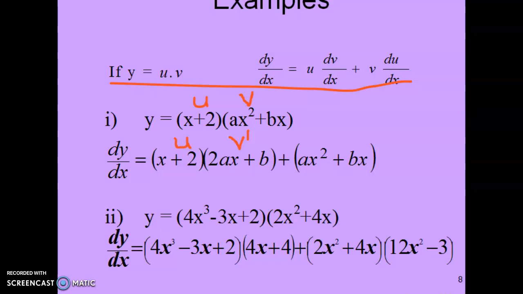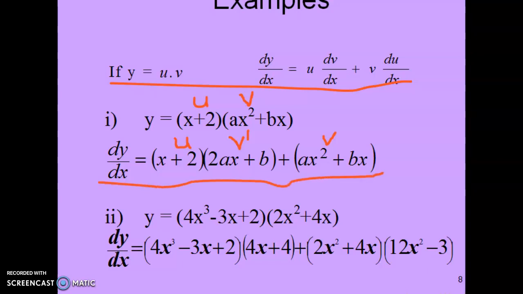Then we add now this v. Here we had v prime, now we simply have v. But you might be asking yourself, where is u prime? u prime is equal to 1 from the past video. u prime becomes 1 because the differential of 2 is 0, the differential of x is 1. So we are only left with this one.